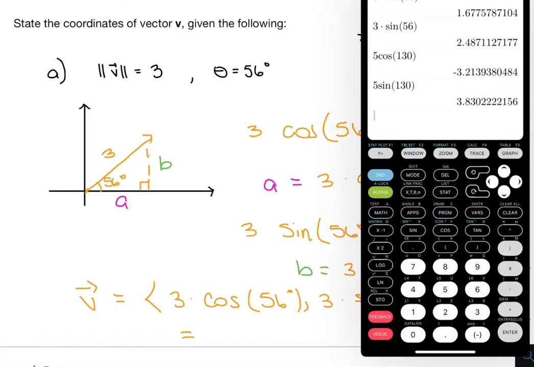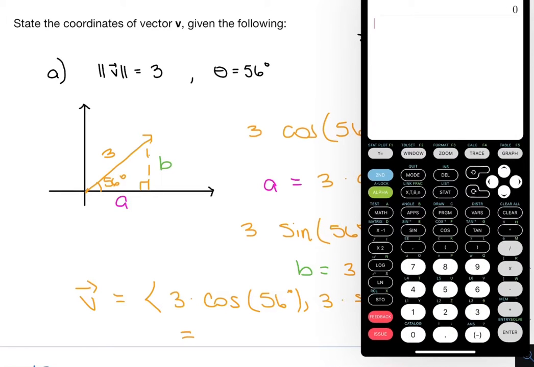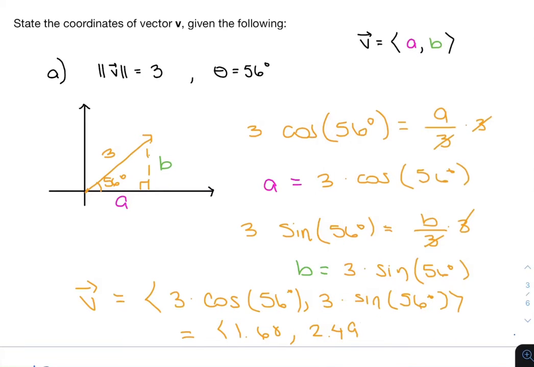So if we plug it into our calculator, we get 3 times cosine of 56 is equal to 1.68, comma, 3 times sine of 56 is 2.49. So this is our vector.